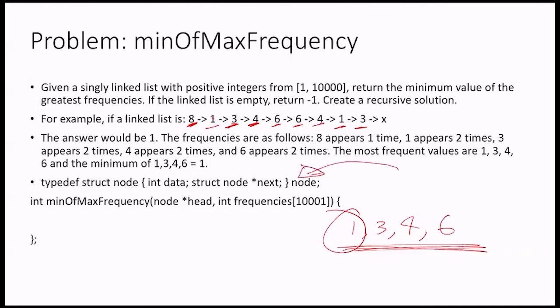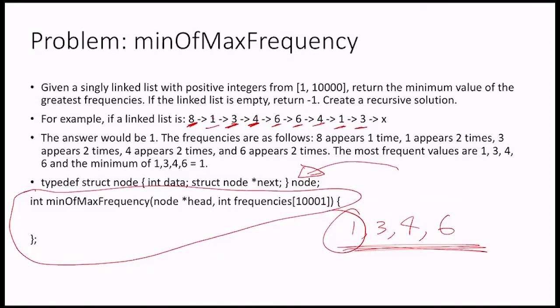So our struct would look like this right here. So it's just a regular linked list node. We have int data, and we have struct node next. And this is going to be the function prototype right here. Function signature. So we have int min of max frequency, node star head, and then we have an empty frequency array.